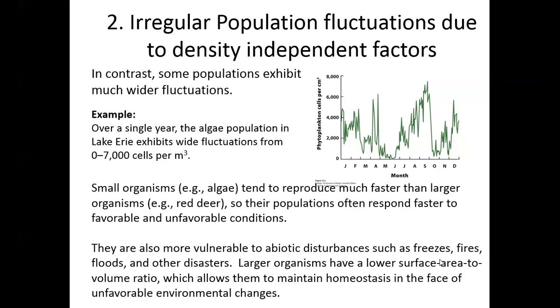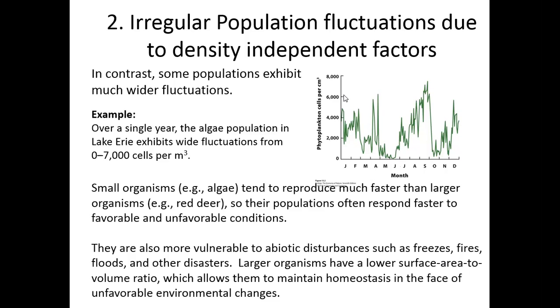And since they're small and short-lived, they reproduce quickly, right? Because we know that they generally are r-selected. So when they do have a crash, like here in the graph, they tend to be able to reproduce quickly and recover quickly.